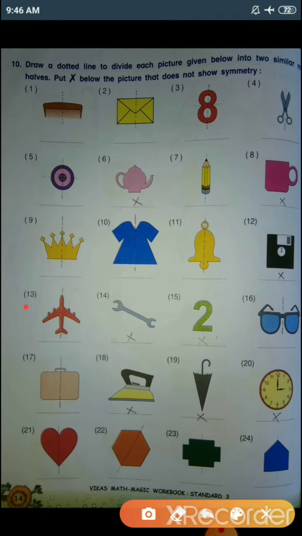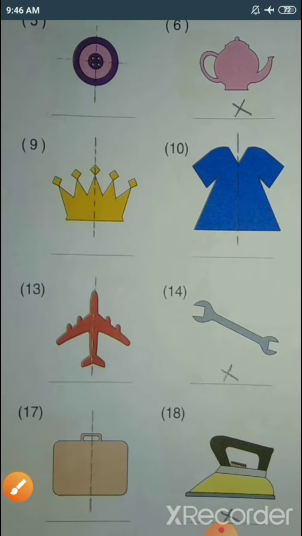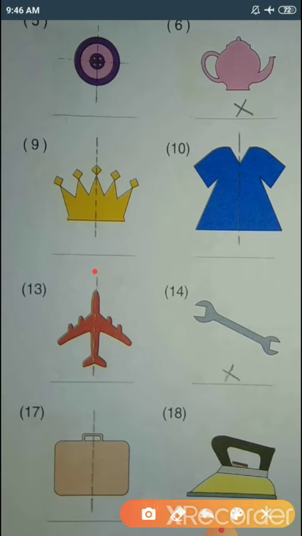Now number 13, one aeroplane shape is given. With the help of a vertical line, we can divide this shape into part 1 and part 2. We can see here part 1 is exactly the same as part 2. So again in question number 13, we can say that this shape shows symmetry.